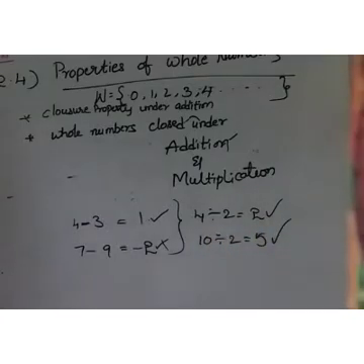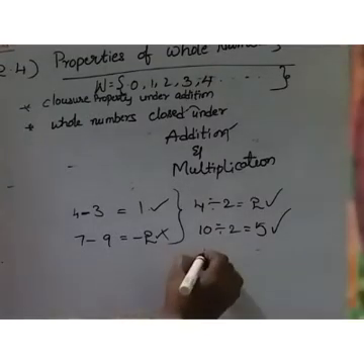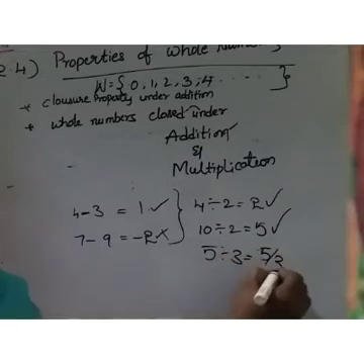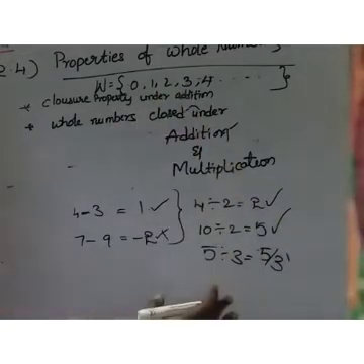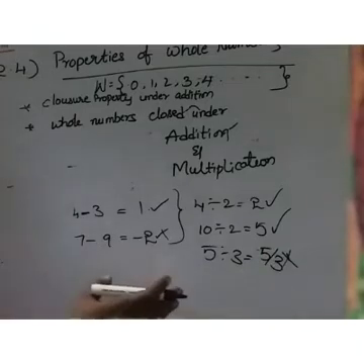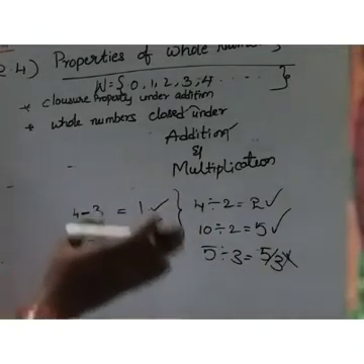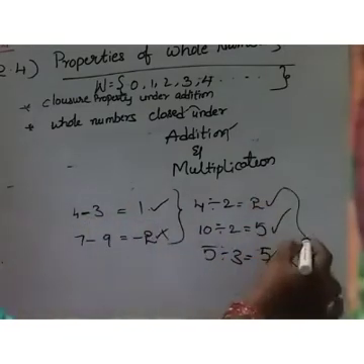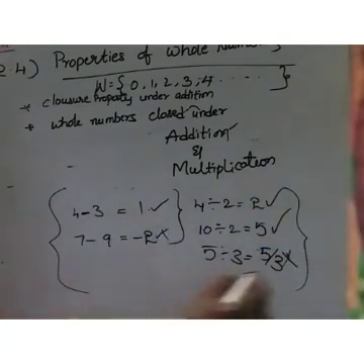Now suppose 5 divided by 3. Is 5 by 3 a whole number? No. So division is also not possible under the properties of whole numbers. Subtraction and division are not closed in whole numbers; only addition and multiplication are.